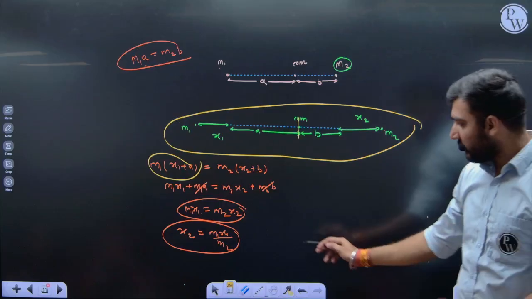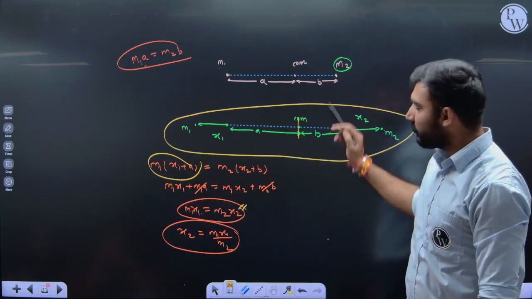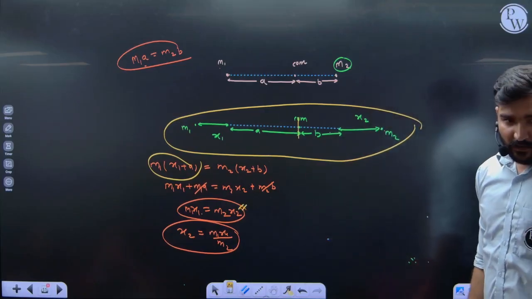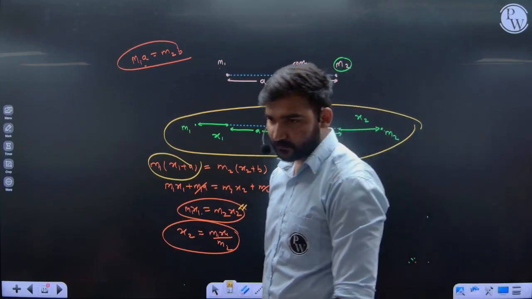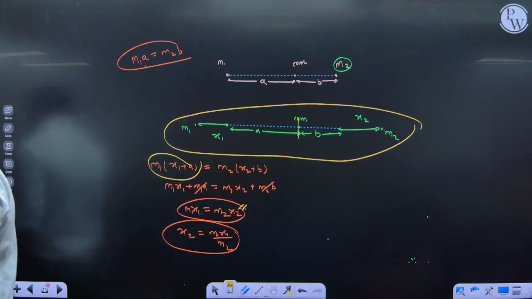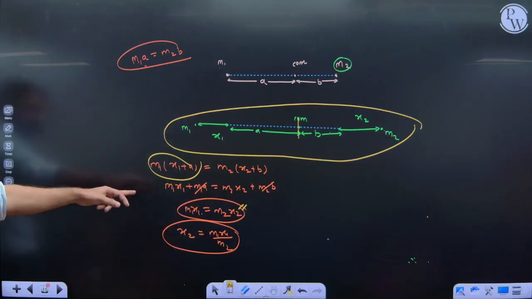Can you remember this thing also? Remember, this and this both are a little bit different. Yes or no? Write it down. You have to remember this: m1 x1 equals m2 x2.